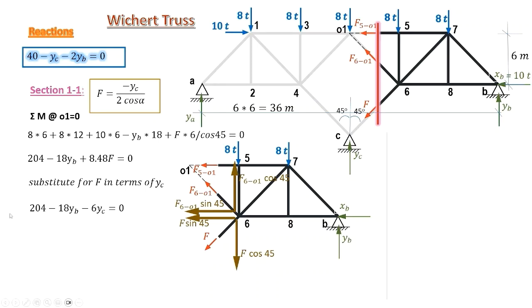This is the second relationship between YB and YC. So we really have two equations in two unknowns YB and YC. The first one is computed from moments taken about A. The other one is computed from the section. Please note that in this section we analyzed a part that contains only YB, but YC appeared because it was substituted for in terms of F.